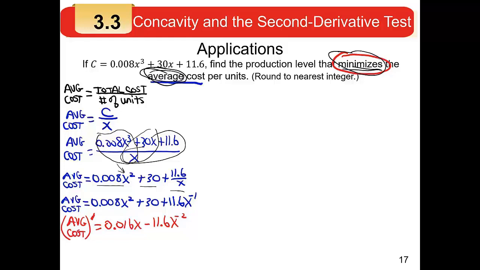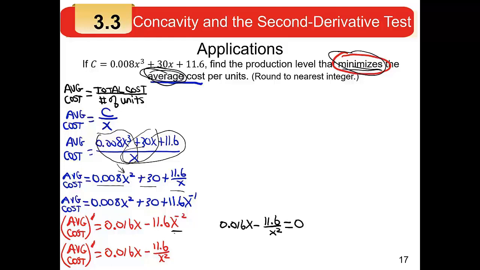Simple derivative. I won't belabor that, but I will say that I would like to change that x to the minus 2, just throw it in the denominator and make it x to the positive 2, so I end up with, on the last term, 11.6 over x squared. So I want to take the derivative and set it equal to 0.